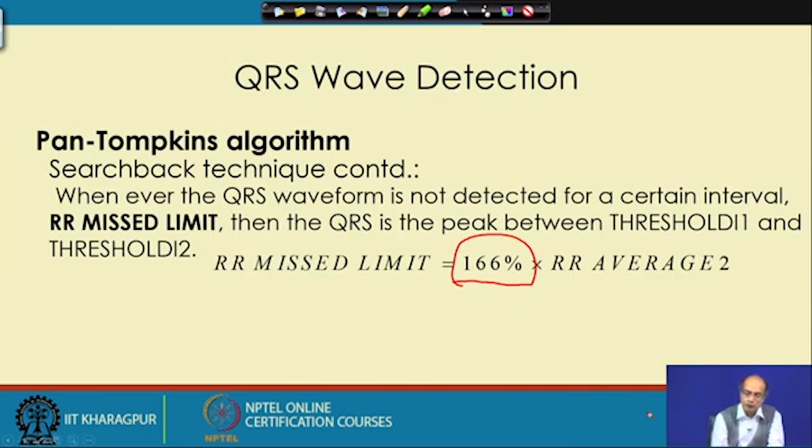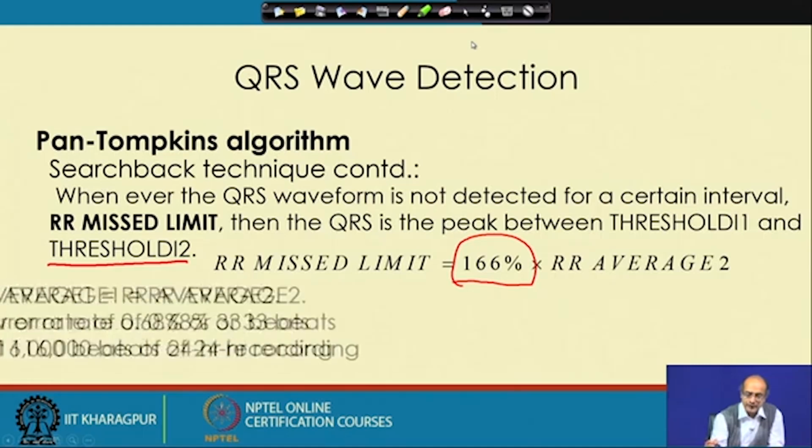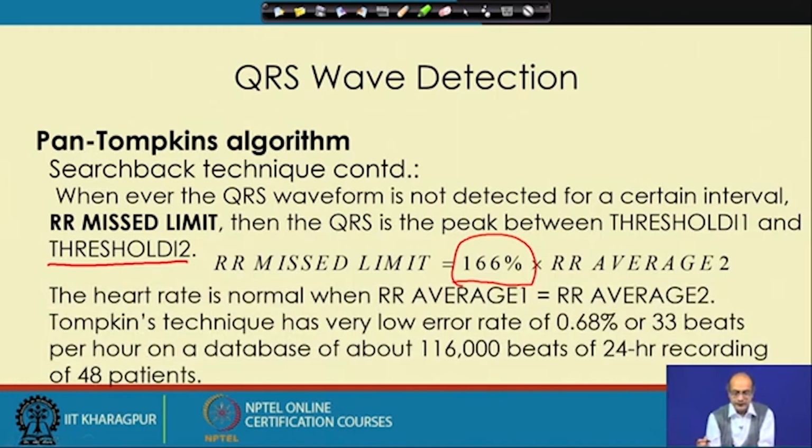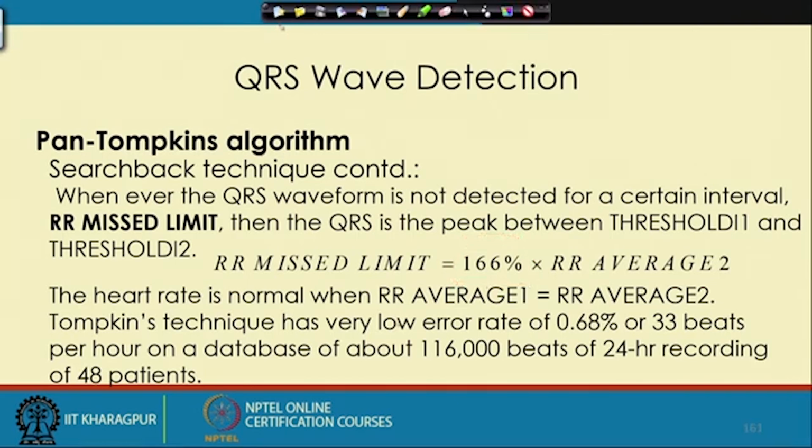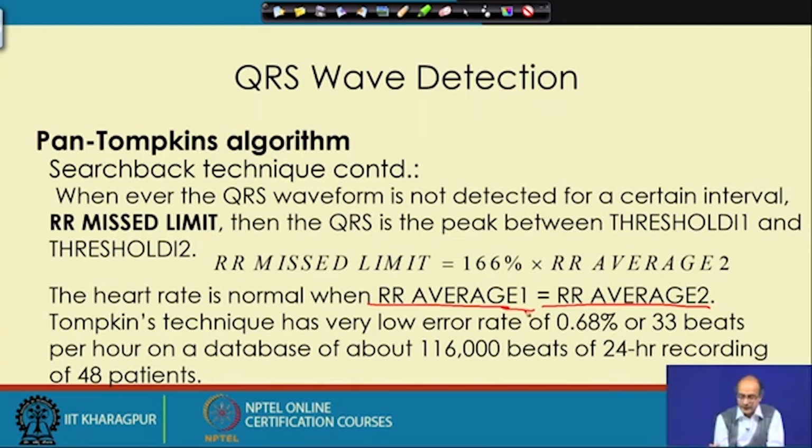So, we should go for threshold 2 and take that peak above that threshold. Okay. So, when the heart rate is normal, and we do not have any problem, then RR average 1 and RR average 2 should be similar. There is no reason that they would be different. However, if there is fluctuation in the heartbeat, then these two can actually vary.